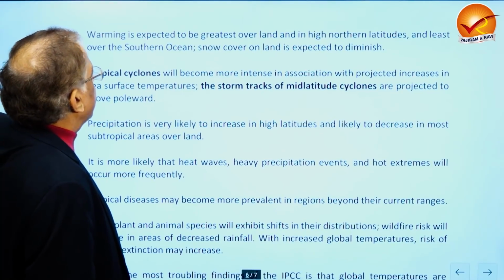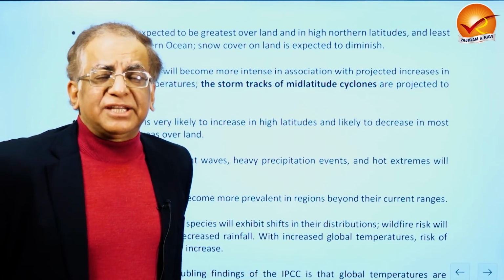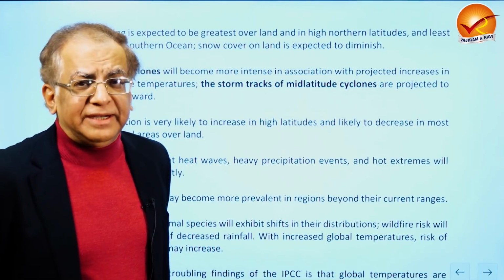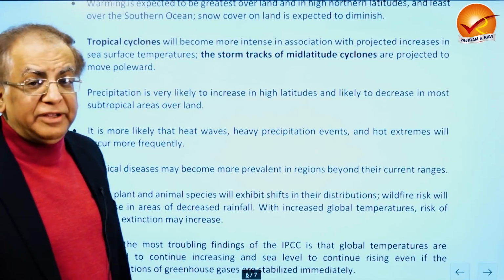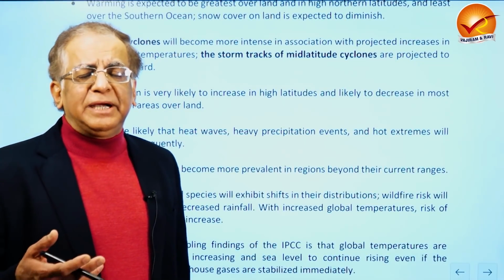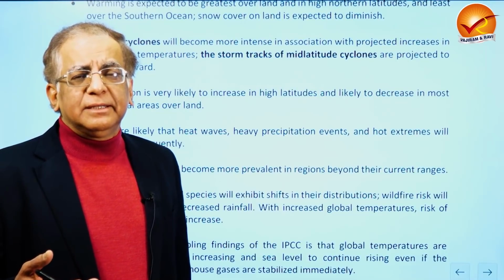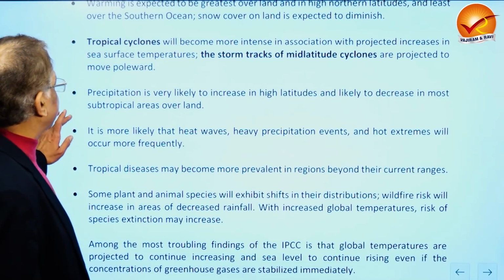Then you have, and you already have seen this, that extreme events are becoming more frequent these days. Tropical cyclones are becoming more intense and more frequent in certain parts of the world. The mid-latitude cyclones are going to change their intensities, paths and frequencies also because of this.